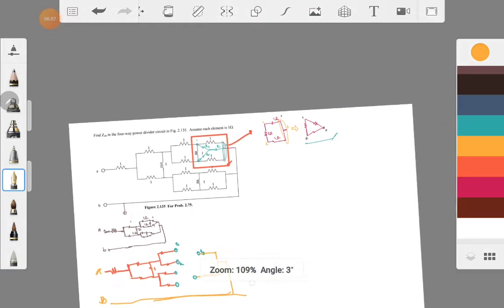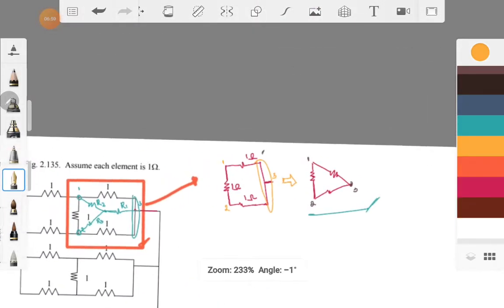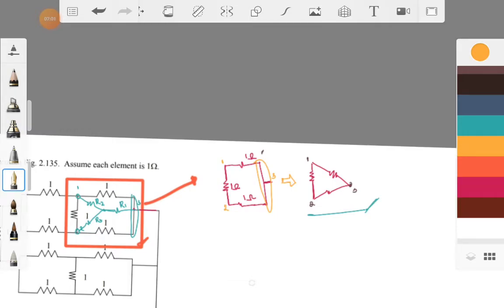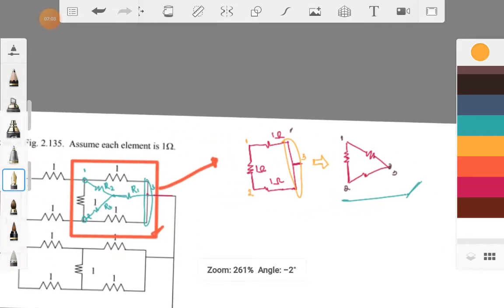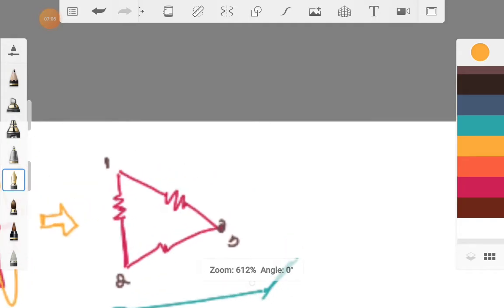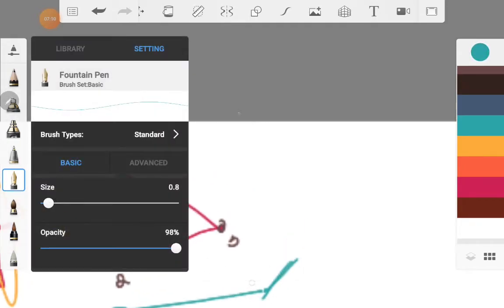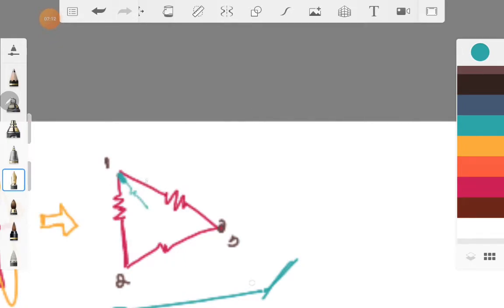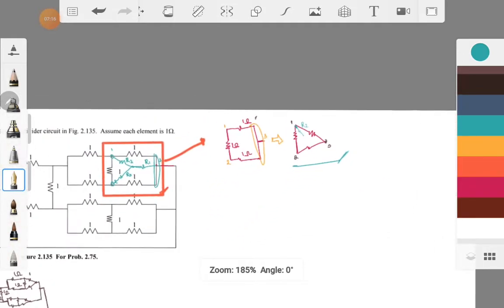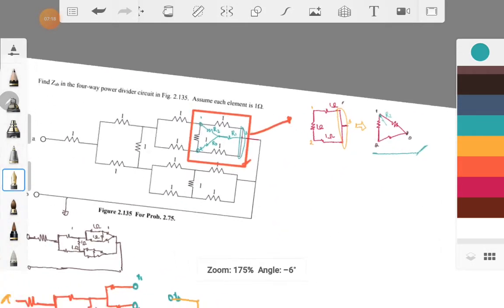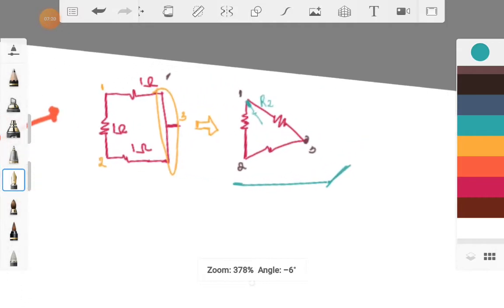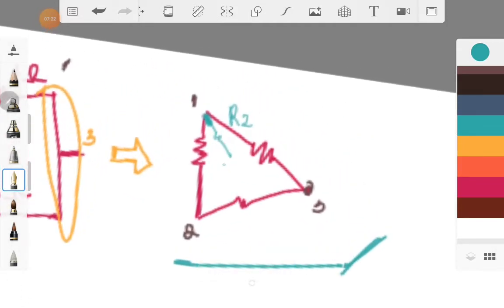Okay, isolating this terminal. So, like that. Let's take our R2, R1, and R3. Based on my figure, I represent this as my R2. Right? Okay, and this is my R3. It just depends on how you represent it, guys. And this is our R1.